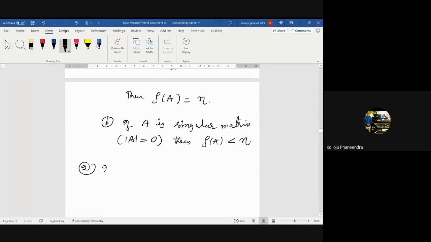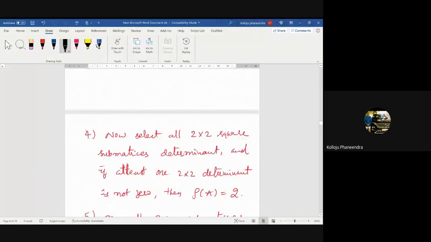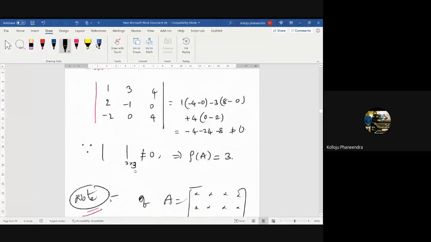Second condition: if A is an m by n matrix. What is the matrix? Rectangular. Then what is the rank of A? Anyone? To conclude this, we did one problem on a rectangular matrix.